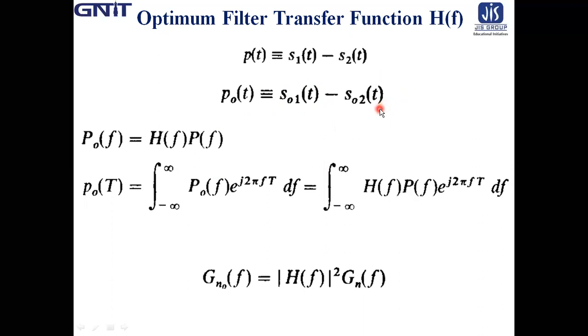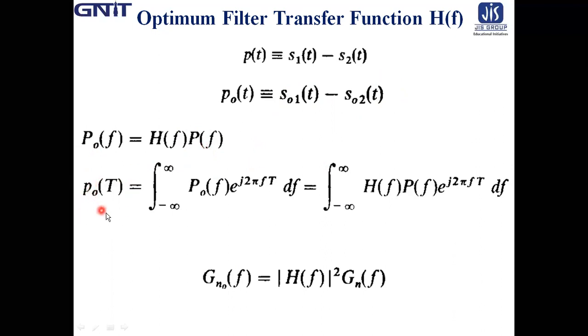We shall let P(f) and P0(f) be the Fourier transforms of p(t) and p0(t). And if H(f) is the transfer function of the filter, then P0(f) equals H(f) into P(f).